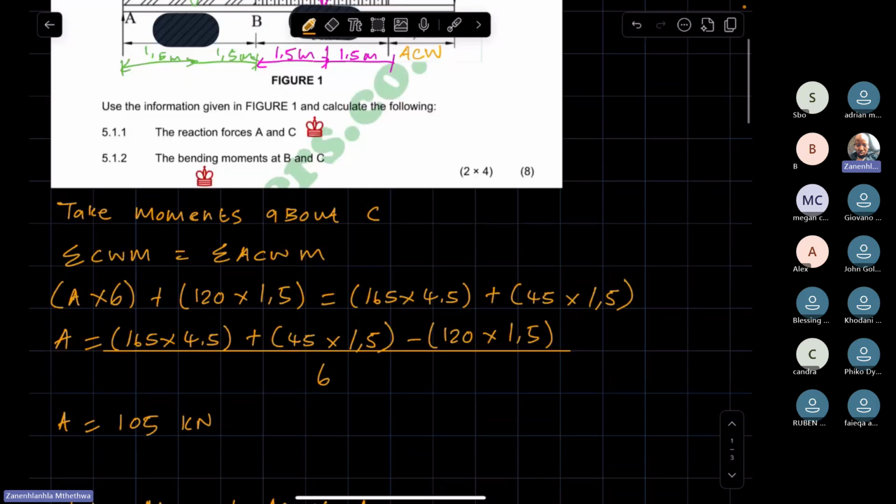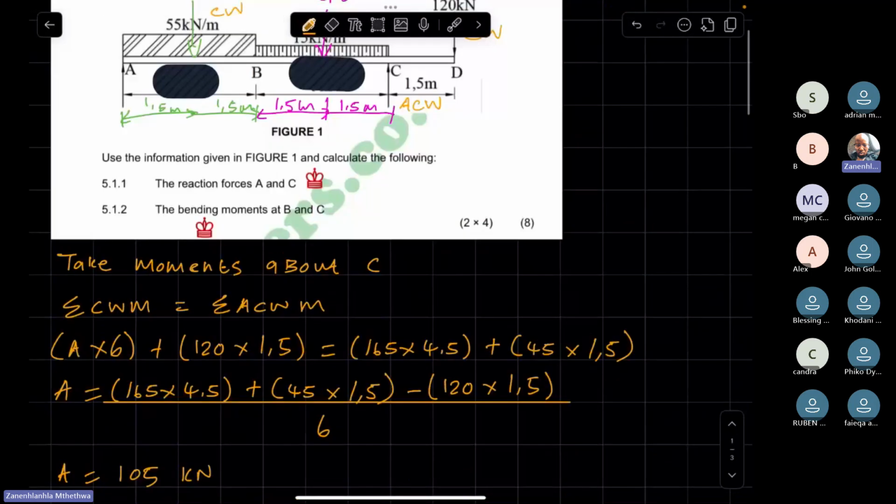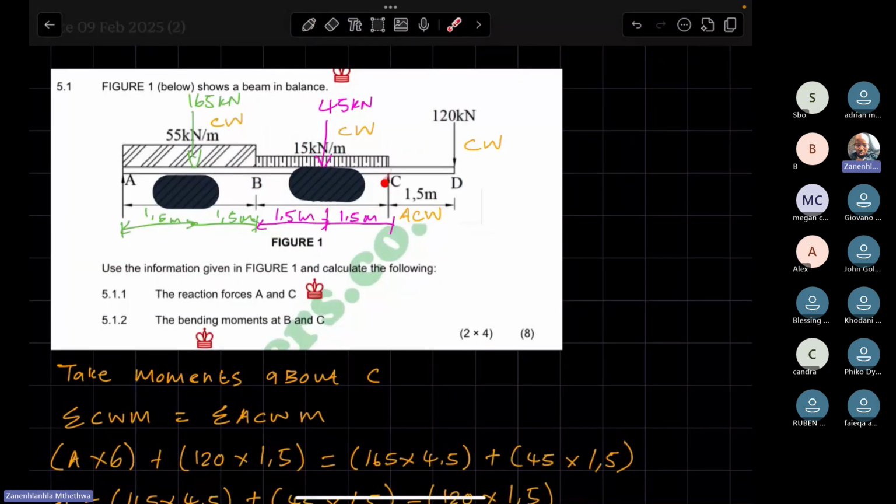And we are also supposed to calculate the bending moment at critical point C. Now, at this point we can either consider forces on the left or the right. Because we have the least amount of point loads on the right-hand side, we are going to consider forces on the right of C. The force to consider on the right of C is the 120 kilonewtons.